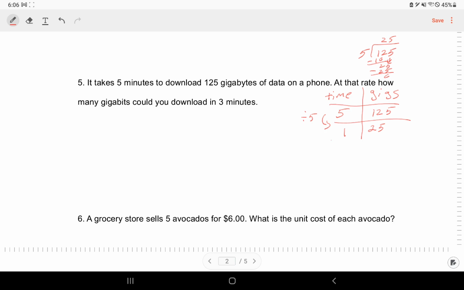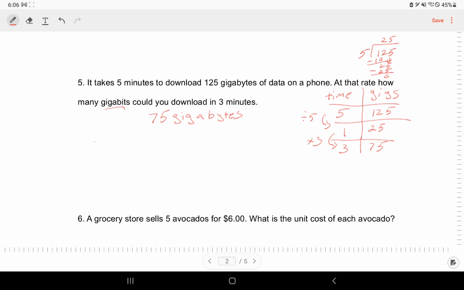Well, since I now know that 1 minute is 25 gigs, I want 3 minutes. Well, 3 times 25 is 75. So 75 gigabytes. Yes, it's spelled wrong there.